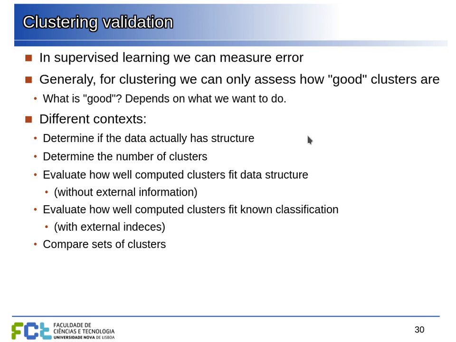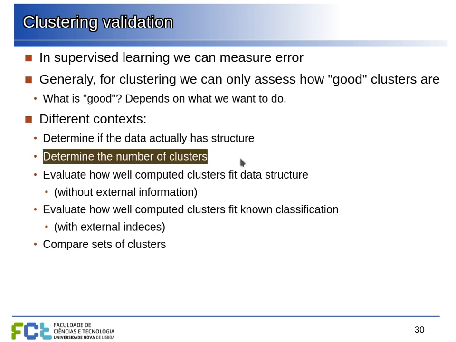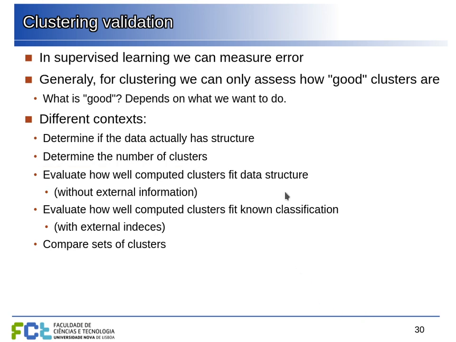So we need to consider the results of clustering given that objective, or we want to determine the ideal number of clusters to group the data according to some criteria, how well some computed clusters fit the structure of the data, or maybe they fit some information that we have from outside the actual features. So maybe we have some class labels or something like that, and we may want to compare our clustering with those external indexes.